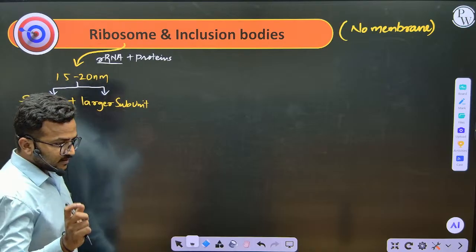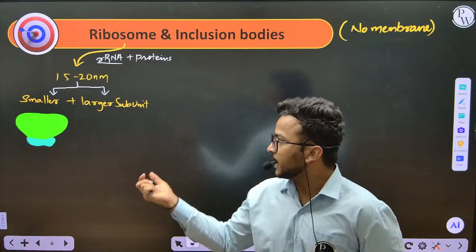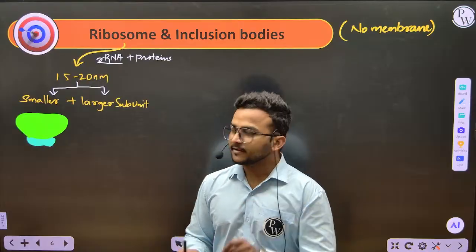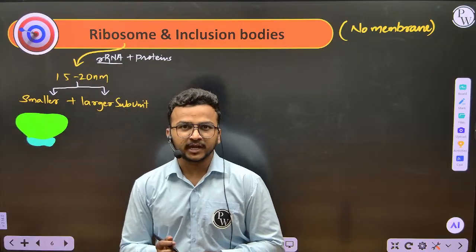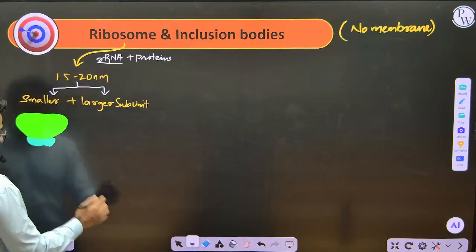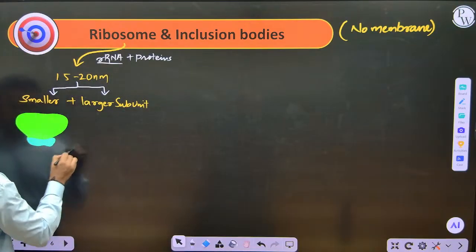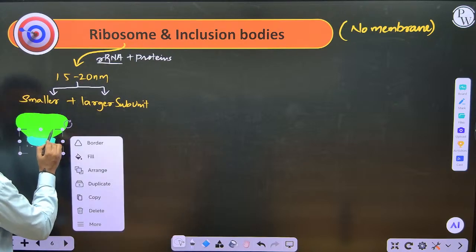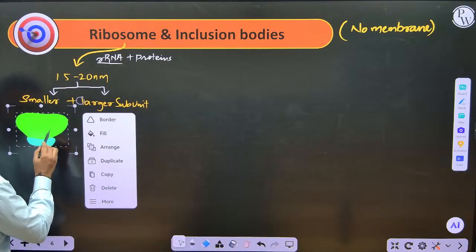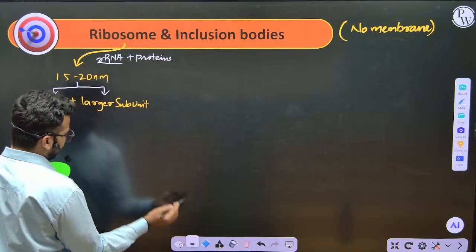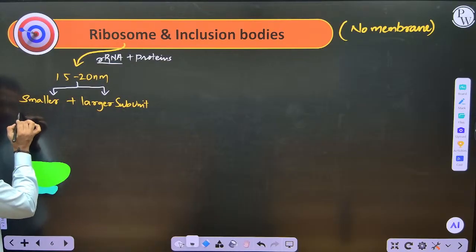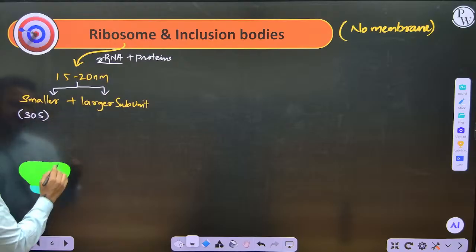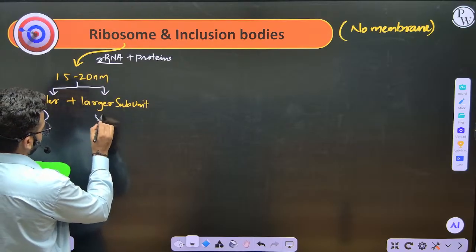Even in a cell, the larger and smaller subunits differ in density. Based on the density, the smaller subunit is 30S and the larger subunit is 50S.